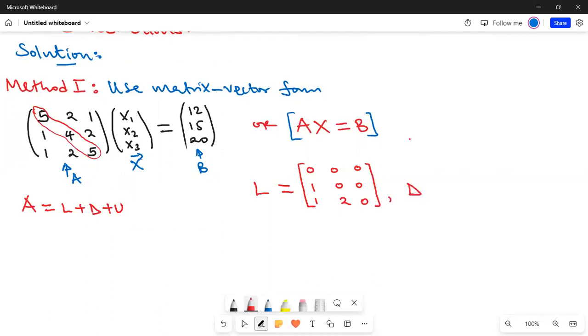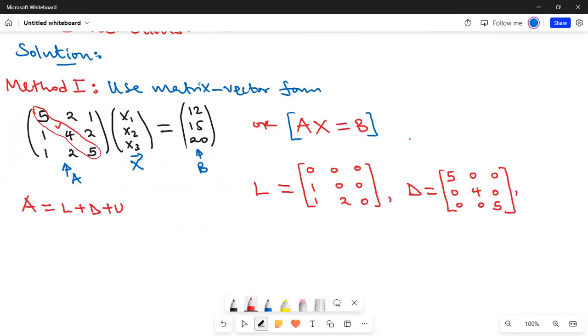Now, the diagonal matrix D is equal to, now the interest is on the elements lying on the leading diagonal. So 5, the rest are zeros, so 0, 0, 0, 4, 0, 0, 0, 5.